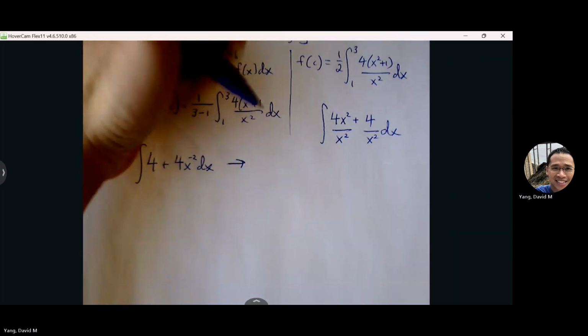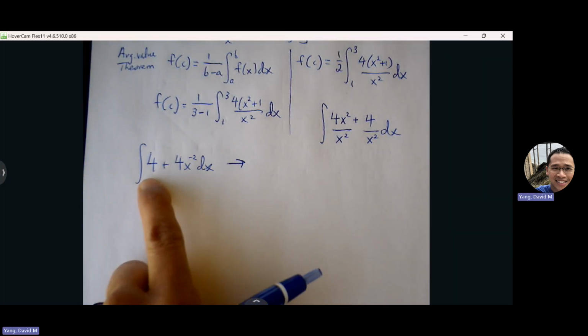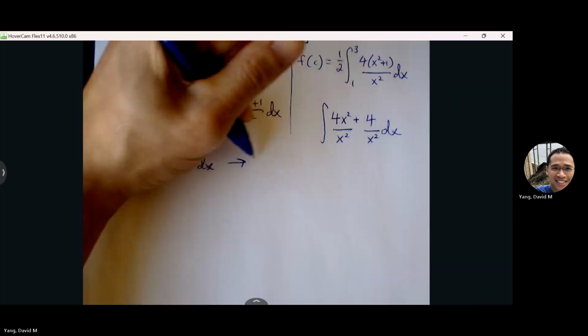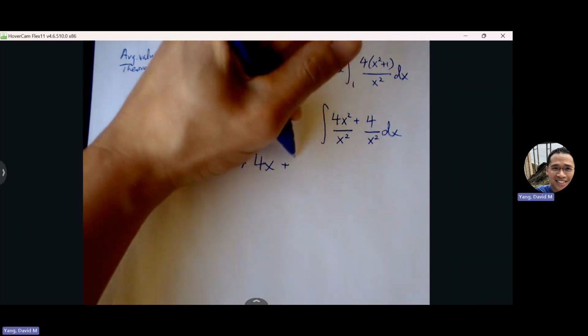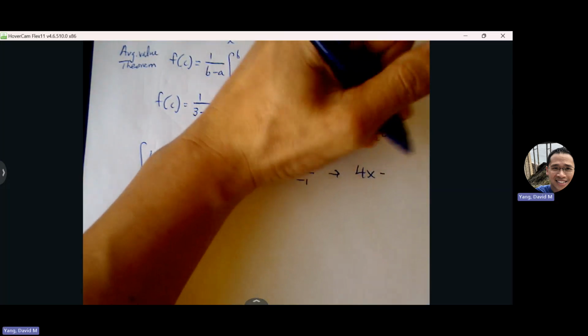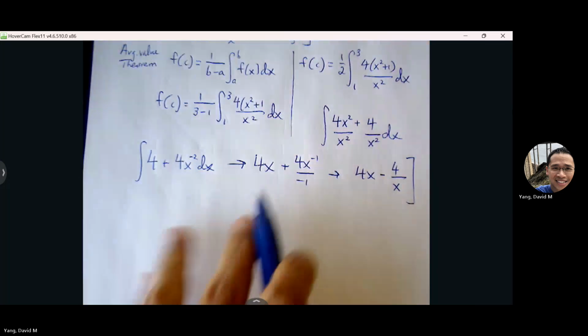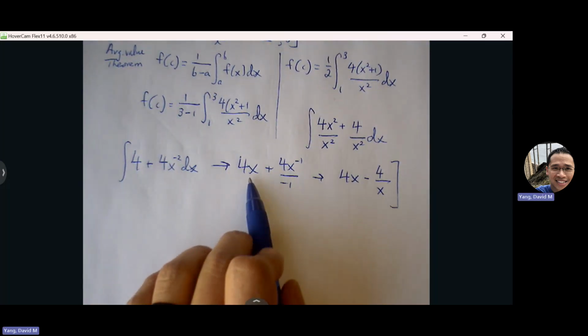Okay, my terms are both ready for the power rule. 4 becomes 4x, and the next term, 4x to the -1 over -1. Let me do some cleanup to make it a little easier to plug in. Just cleaning up my terms here. 4/x is fine.